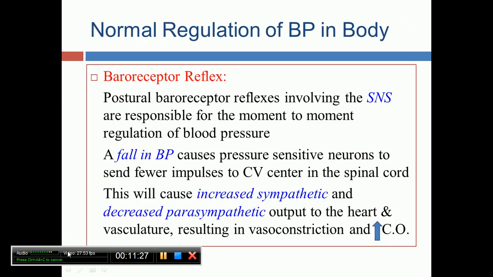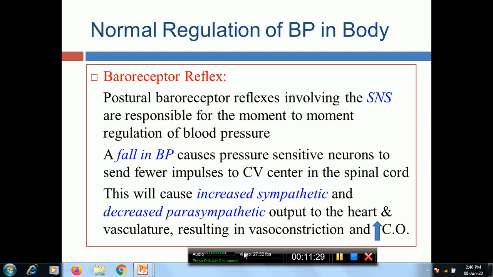Normal regulation, one of the best depicted and most studied, is the baroreceptor reflex. The baroreceptor reflex is for the minute to minute regulation of blood pressure. It also defines postural hypotension and all the factors that raise or lower blood pressure at any given moment.